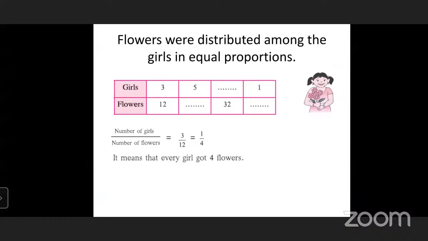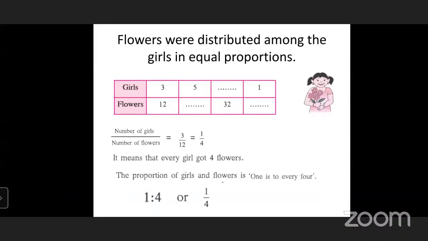The proportion of girls to flowers we can say is 1:4, and in terms of ratio, the ratio of girls to flowers is 1 by 4.